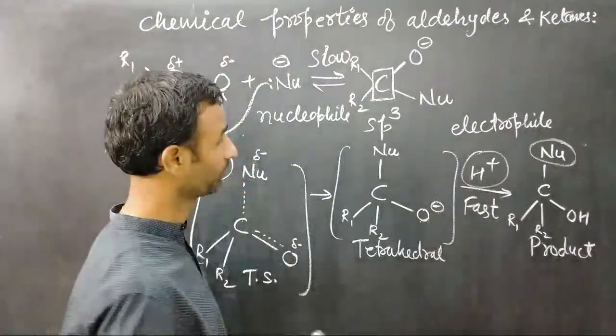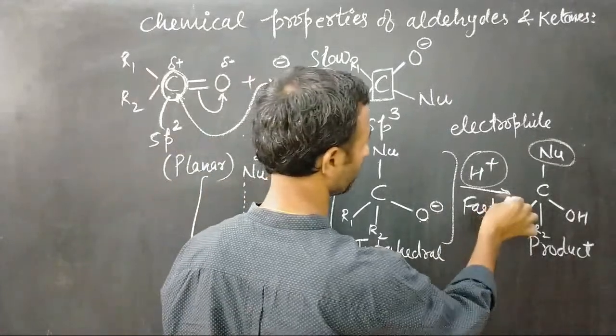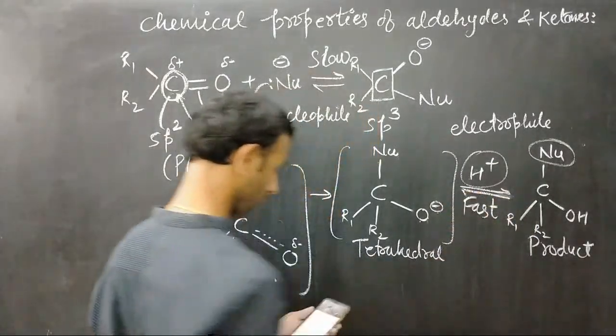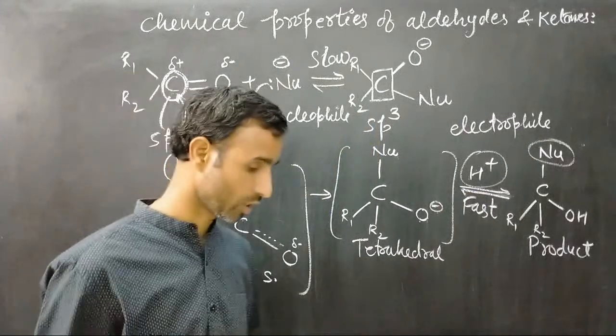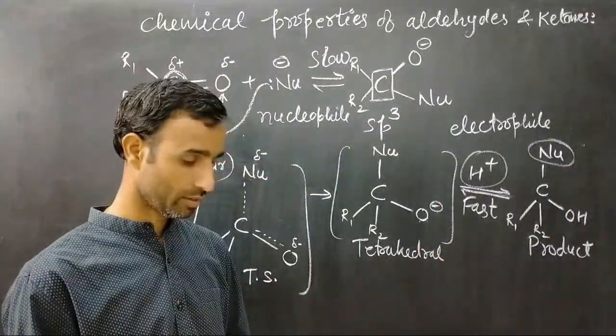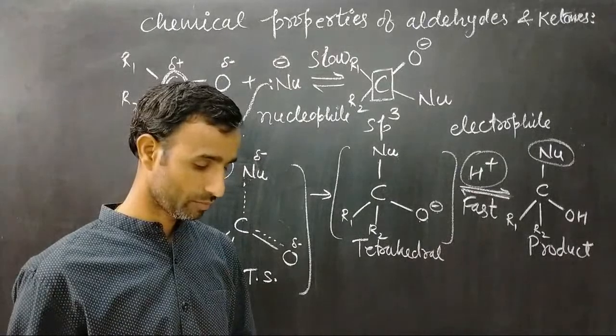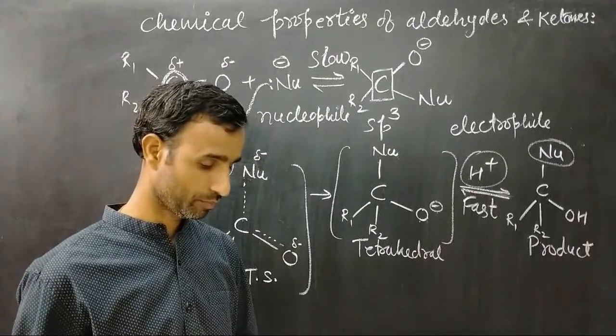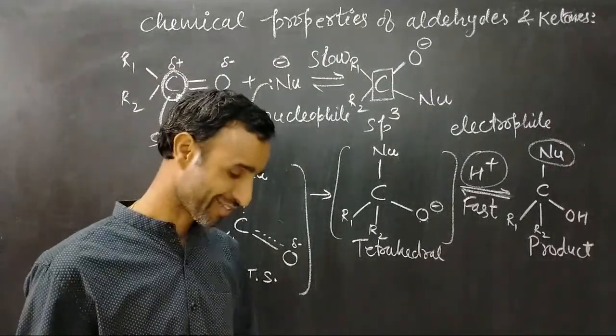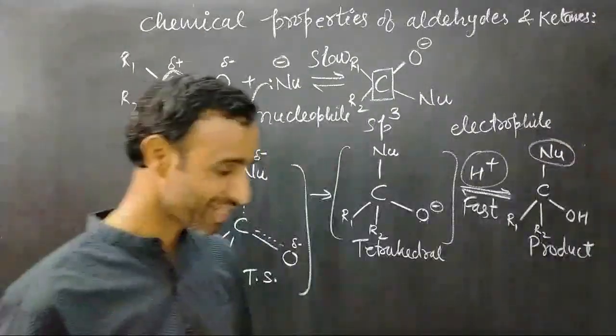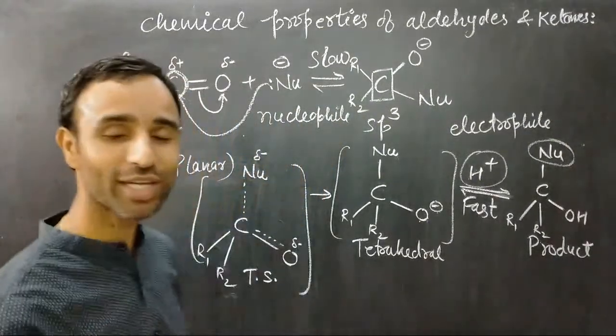Anyone who can answer? Both are in equilibrium. Because of this, tetrahedral alkoxide intermediate is formed. It is not the case.